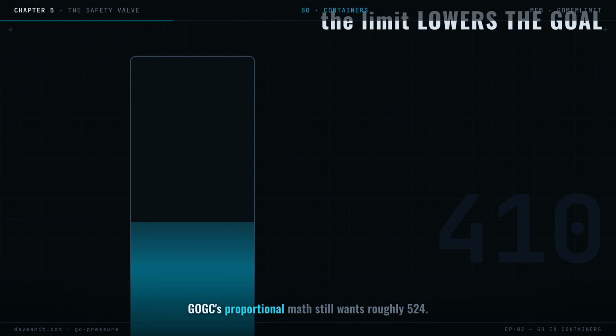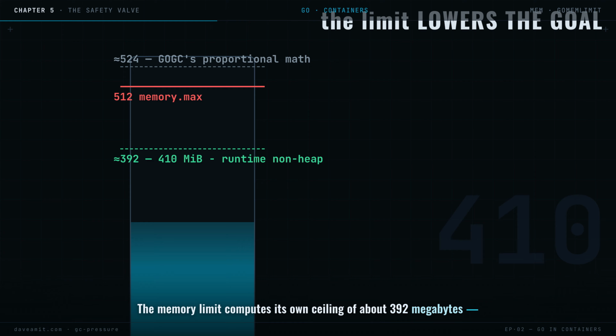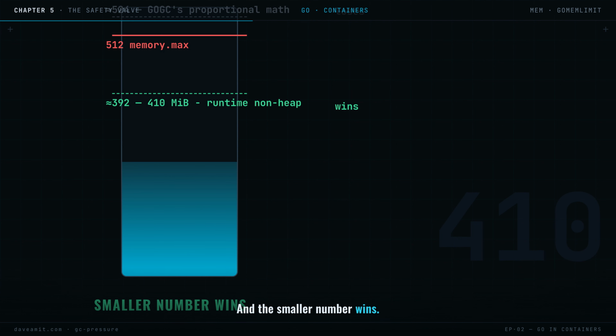Go GC's proportional math still wants roughly 524. The memory limit computes its own ceiling of about 392 megabytes. That's 410 megabytes minus the run's non-heap memory. The smaller number wins.